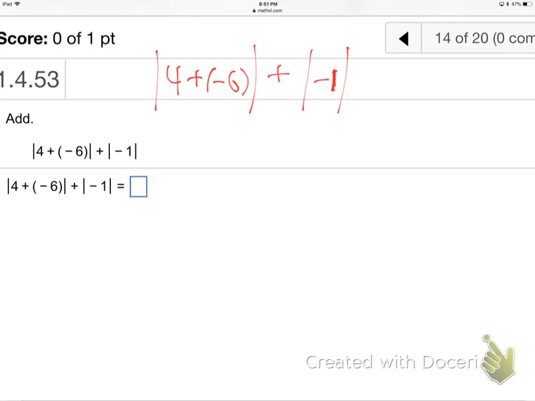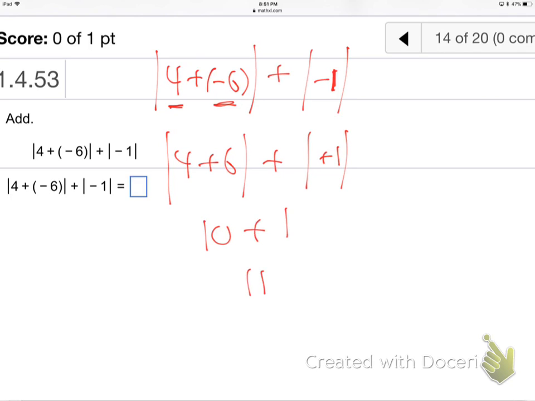Make things positive, right? So here we go. Don't write this down. You guys just be the judges of it. So make it positive. It already is. Make it positive. Make it positive. So then that's 10 plus 1, 11. All right? Should I type it in?